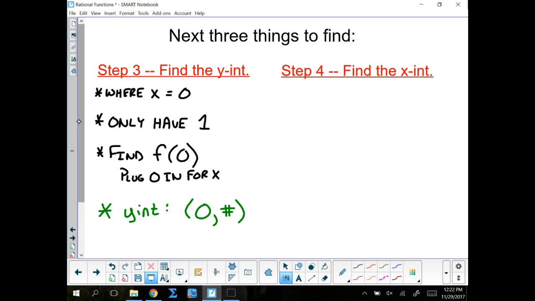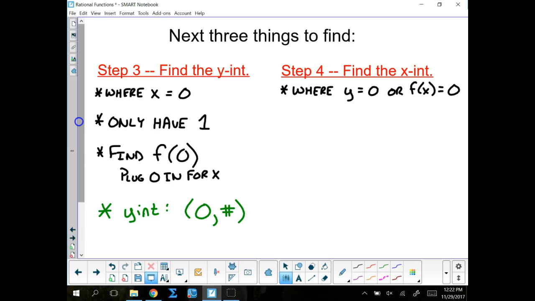So, what is the x-intercept? When you replace f of x for 0. No. It's when y equals 0, or where your function is equal to 0.